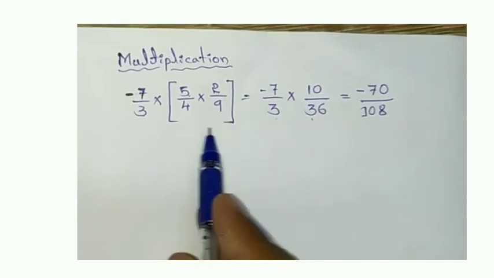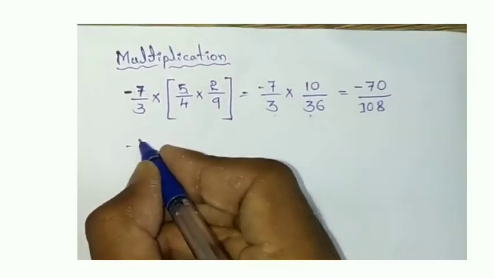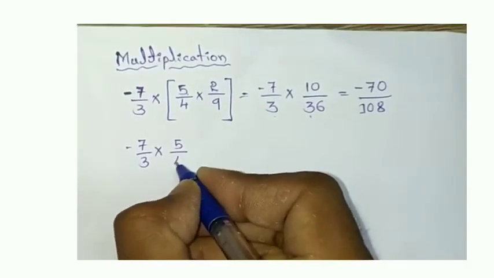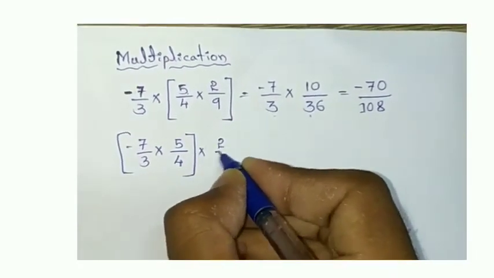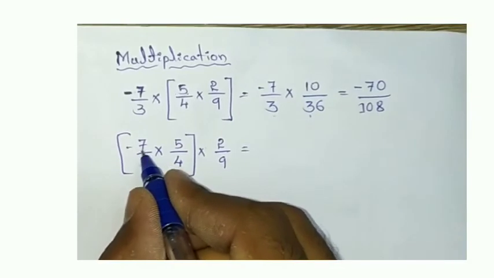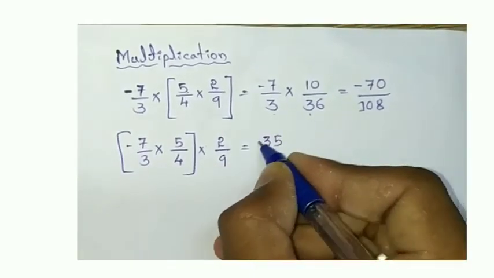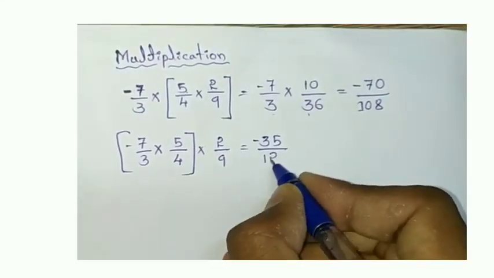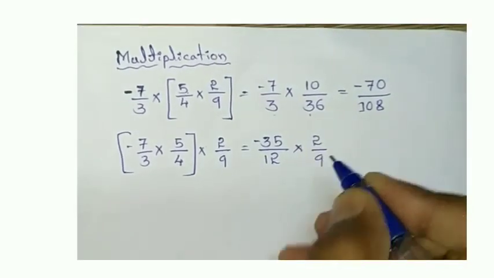So now changing the bracket for the first two terms: minus 7 by 3 into 5 by 4, bracket, into 2 by 9. So calculate the first two terms. Minus 7 into 5 is 35, that is minus 35 divided by 3 4s are 12, into the last term, that is 2 by 9.